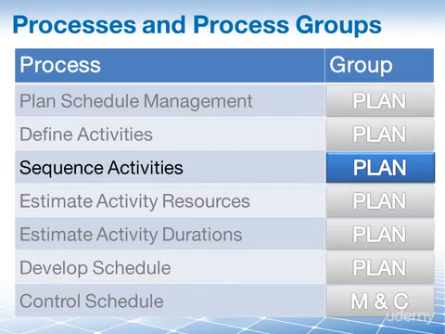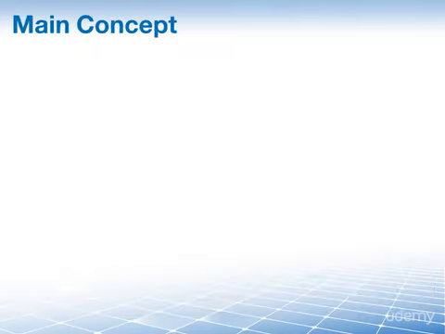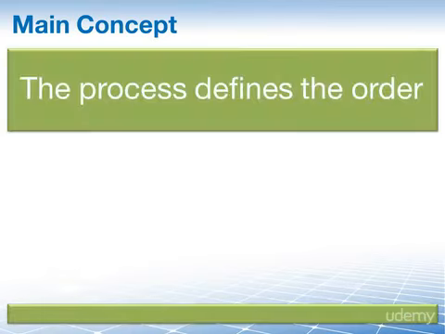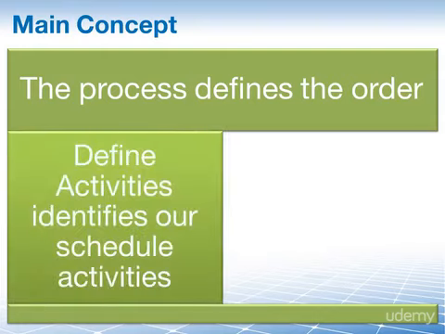We're still in planning. Let's take a look at the main concept of this process, and that is, well, you sequence your activities. You put them in order. In define activities, previously you defined what activities you have to perform so that you can deliver the result of your project.